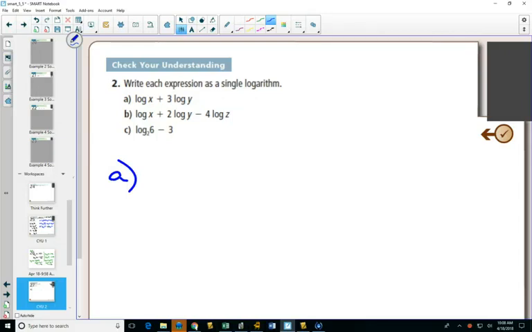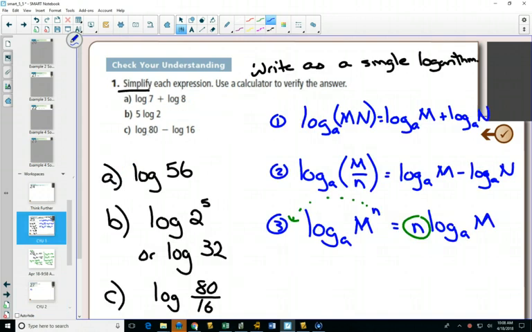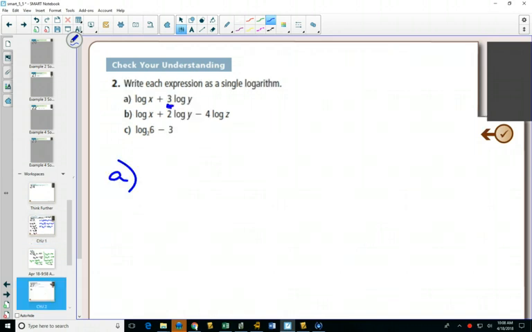Now the important thing to notice is you're probably going to see the plus first and be most tempted to use equation 1. But if we look carefully at equation 1, on the right side it only works if you have 1 log plus 1 log. And what we have in our question is an extra 3 in front.